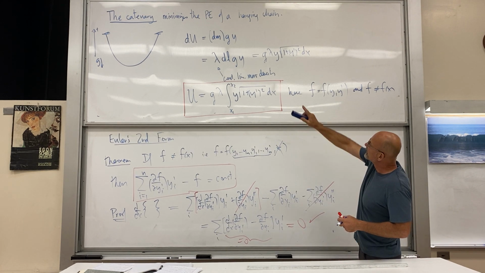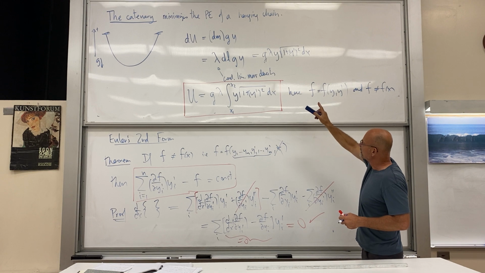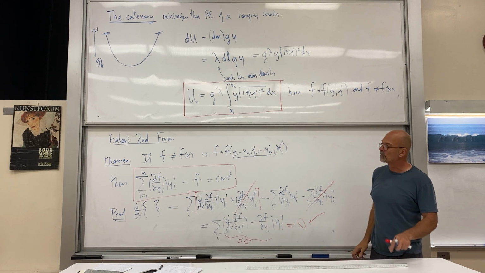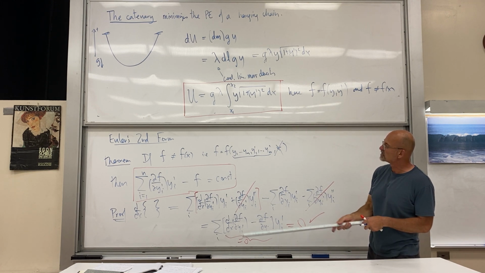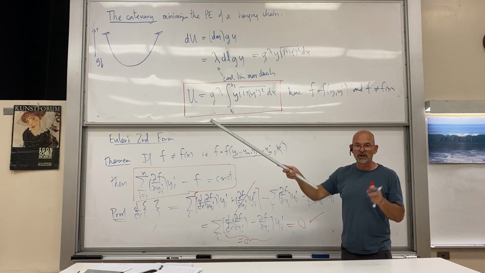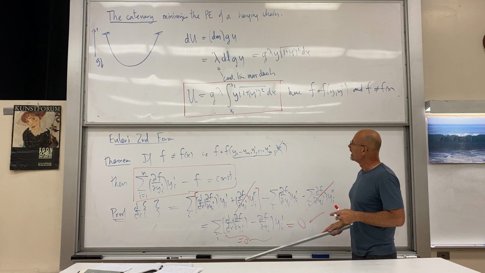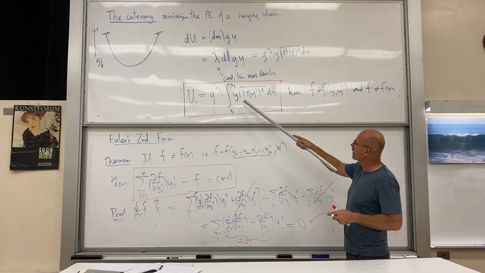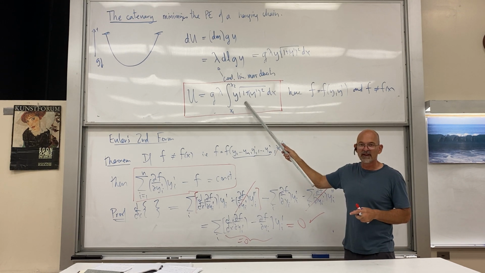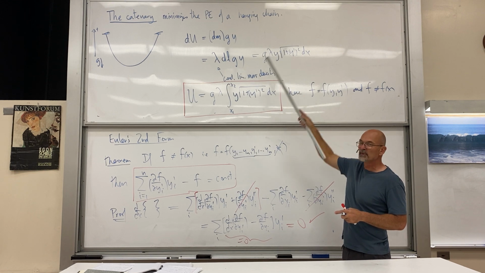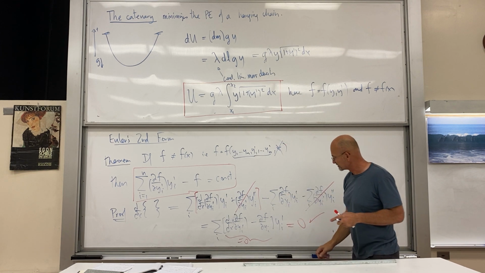So I've stated this catenary minimizes potential energy of a hanging chain. The proof of that will be if I derive the function of the hanging chain using Newton's law, right? Newton has authority in these matters. And then if that answer corresponds to the answer we get out of this, then we could say, oh, that principle is true. Okay.